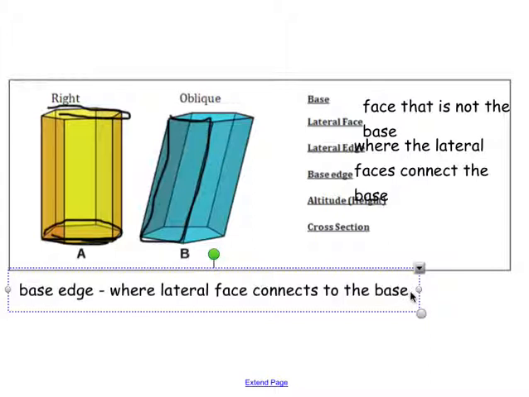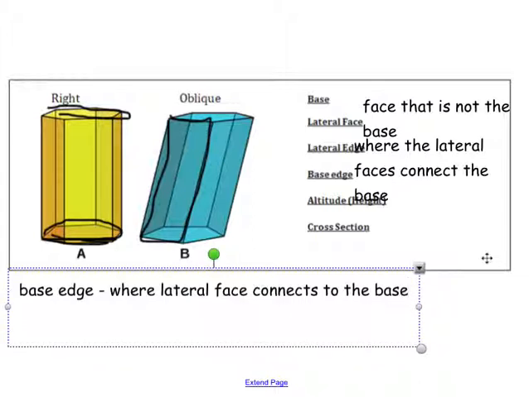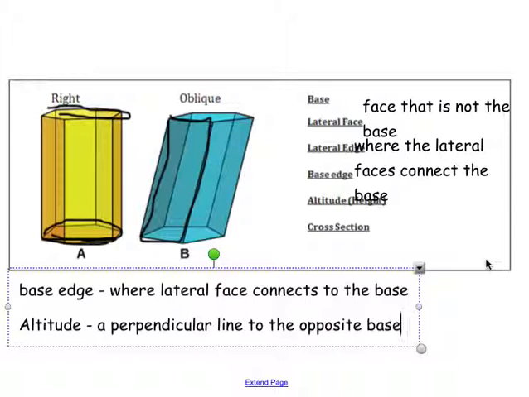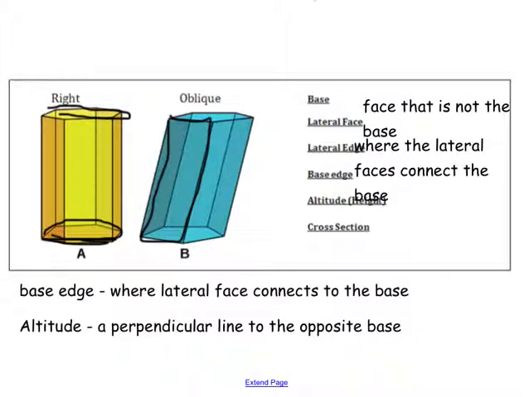Next, we want to take a look at the altitude. The altitude is a perpendicular line to the opposite base. So basically it needs to be perpendicular to each of our bases.